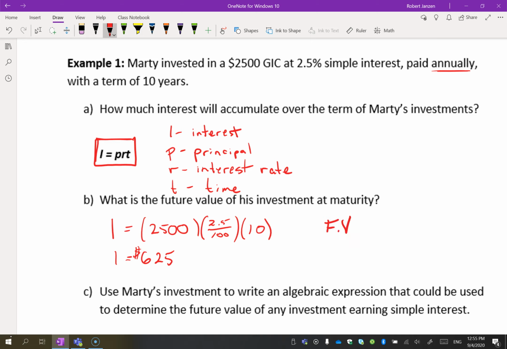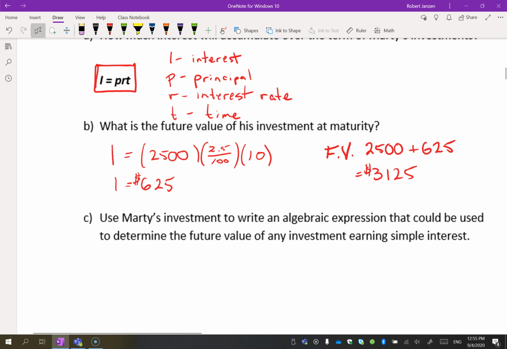The future value would be the original amount plus how much you get for interest. So you can see that your money in those 10 years has grown from $2,500 to $3,125. That's simple interest.